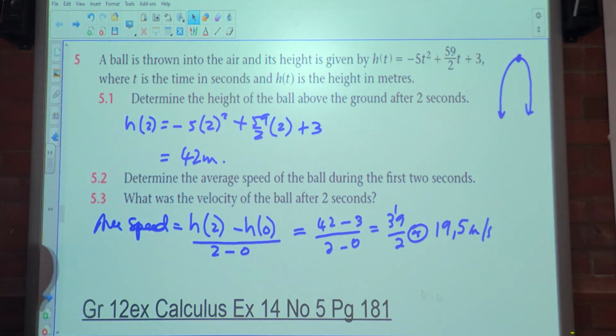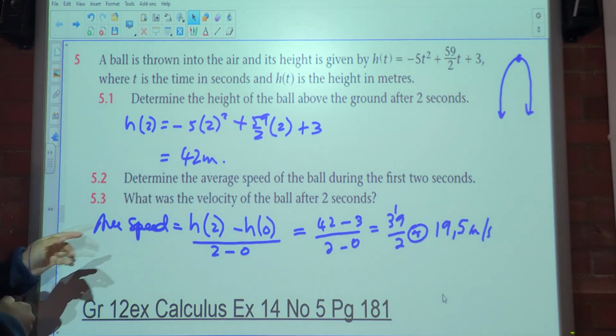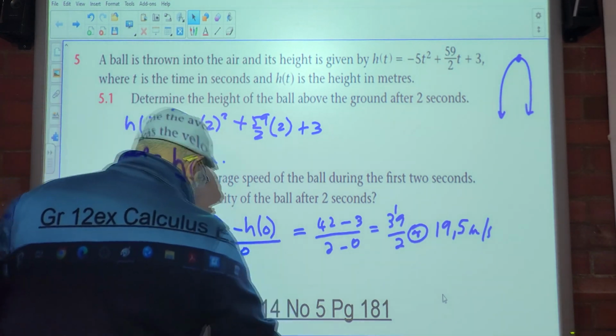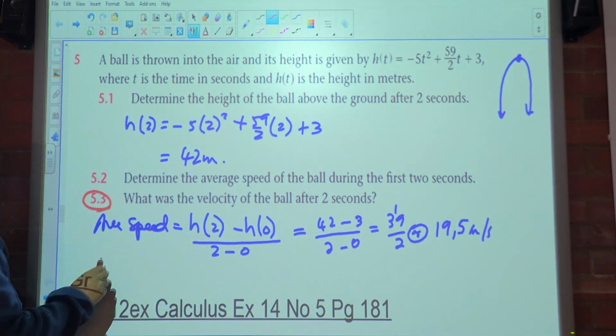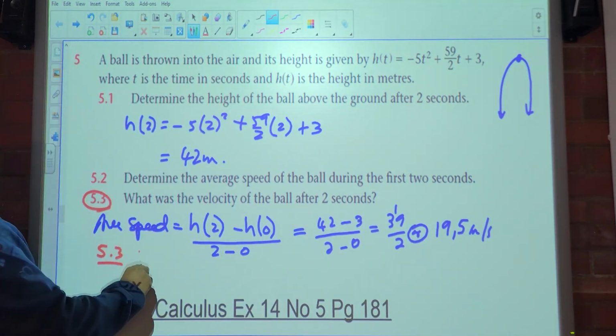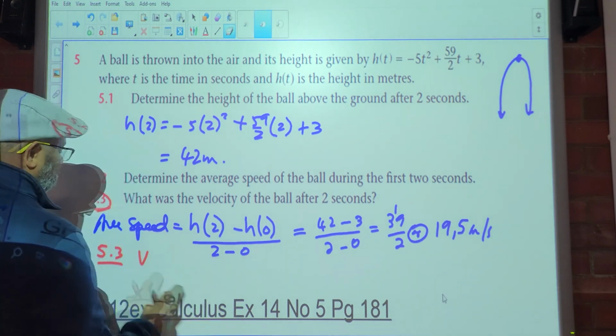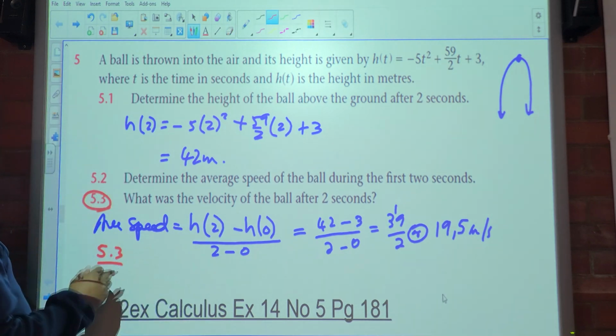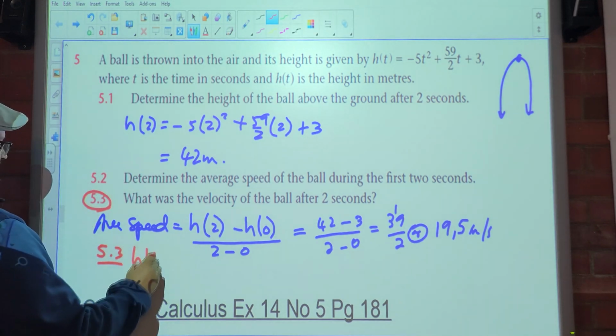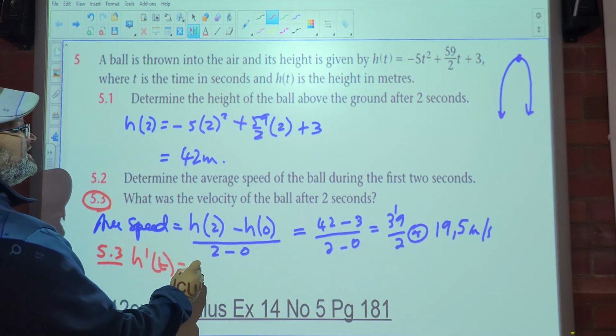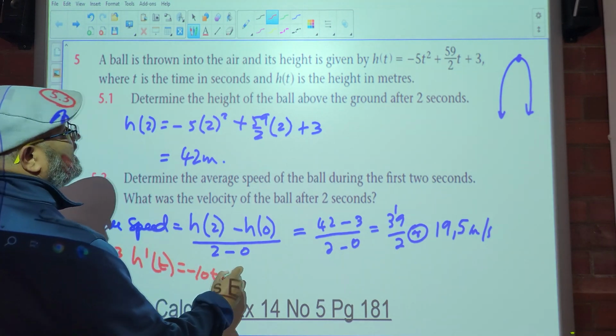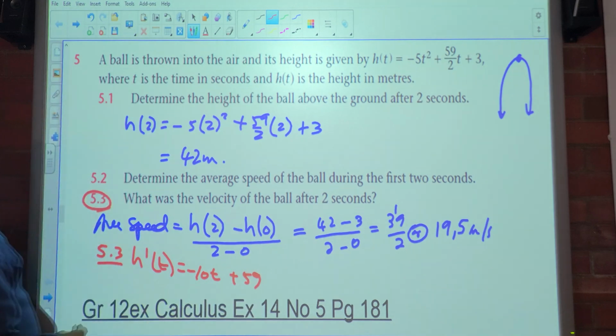The next question, 5.3, asks what is the velocity of the ball after 2 seconds. But what do we say? What is velocity? Your first derivative, not so? So the velocity is the first derivative of displacement, which is h dash t, going to give you negative 10t plus 59.